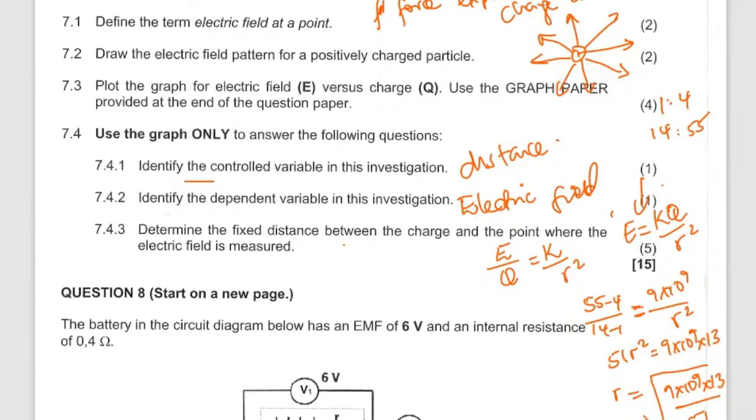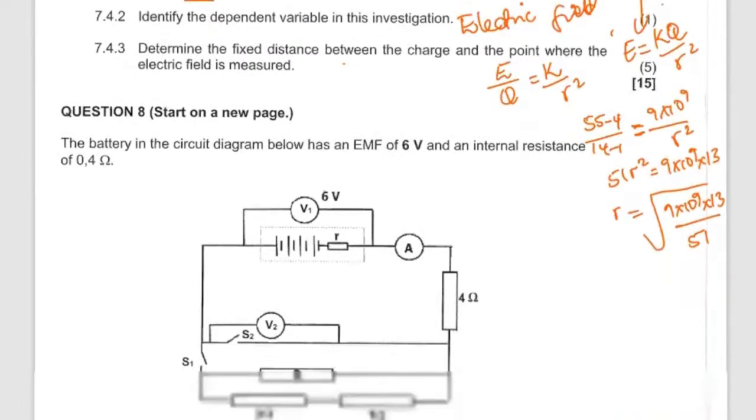Let's see, 9 times 10 to the 9 times 13 over 51. Did I do the correct things? I'm getting 4, 7, 8, 9, 6, 4, 9, 4, 8.